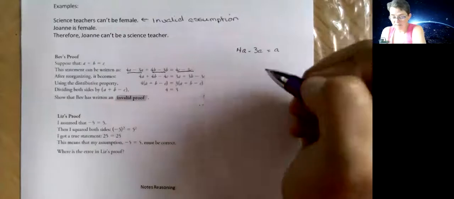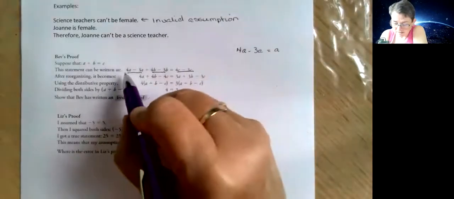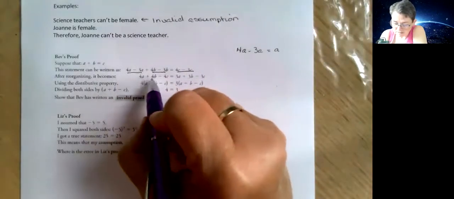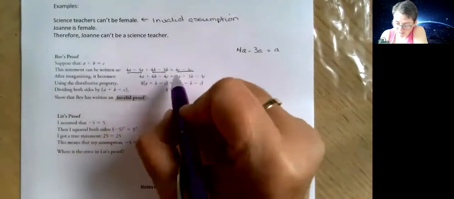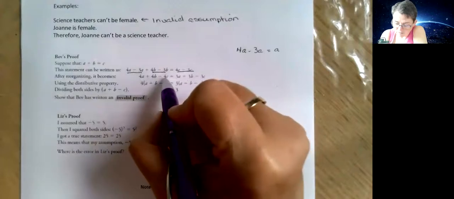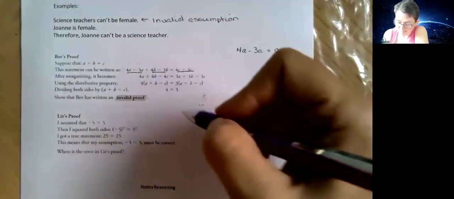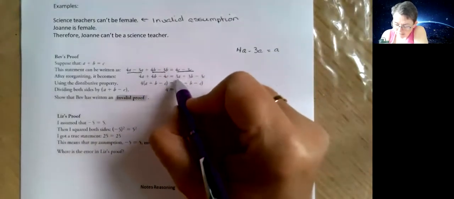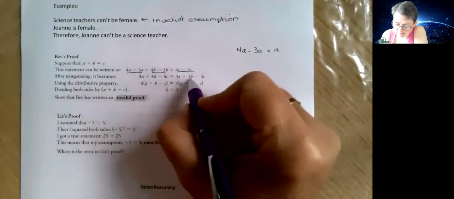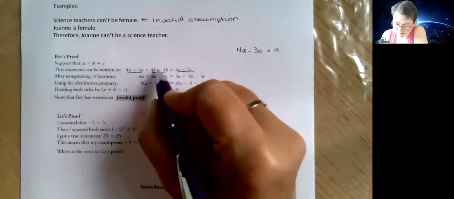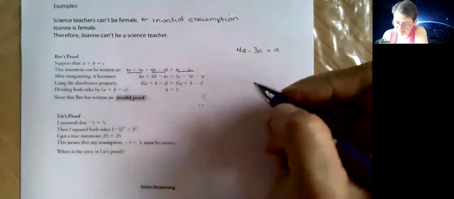And then what they did is they reorganized it. They left the A and the B on this side with the 4's, and they brought the 4C over, so that's why it's minus 4C. And then they had 3A plus 3B, so they moved this to this side, they moved this one over, and they left the 3C there.